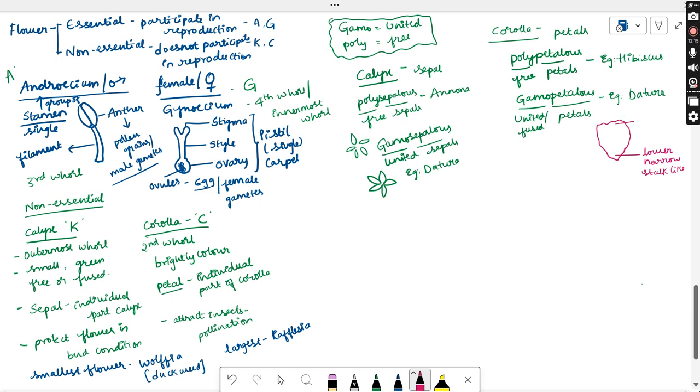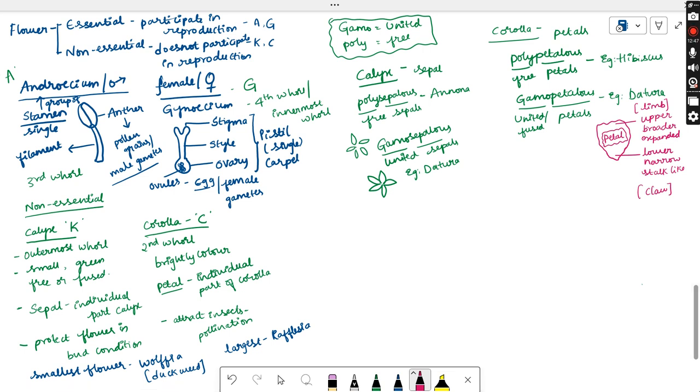And if you just observe the other end, this is somewhat broader upper end, upper as well as a broader or expanded portion of the petal. Now this lower one, the narrow stag-like structure, is called as the claw. And the upper one, which is expanded, we call it as the limb. So these are the parts of the petal. So this is a single individual of the corolla.